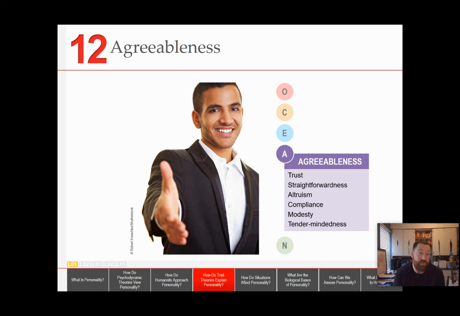People who have low agreeableness might be seen as cold or hostile or off-putting. You can see how these are two sides of the same thing. Do people tend to trust you? Are you helping others, or are you more cold, indifferent? Those are the scales of agreeableness.